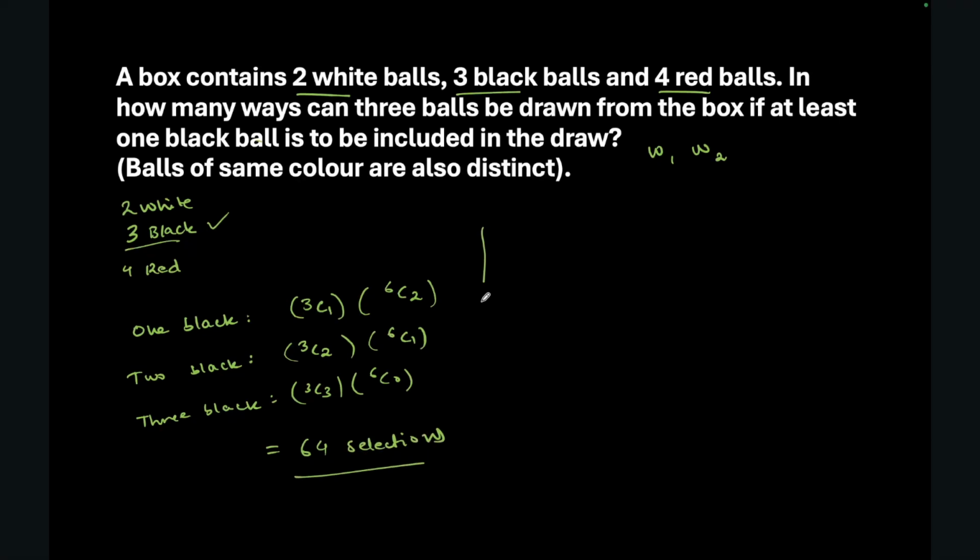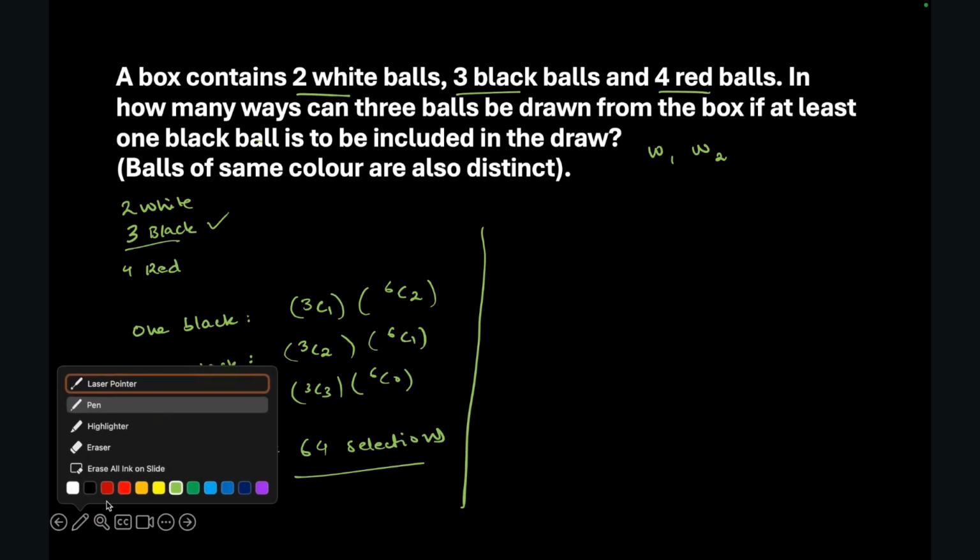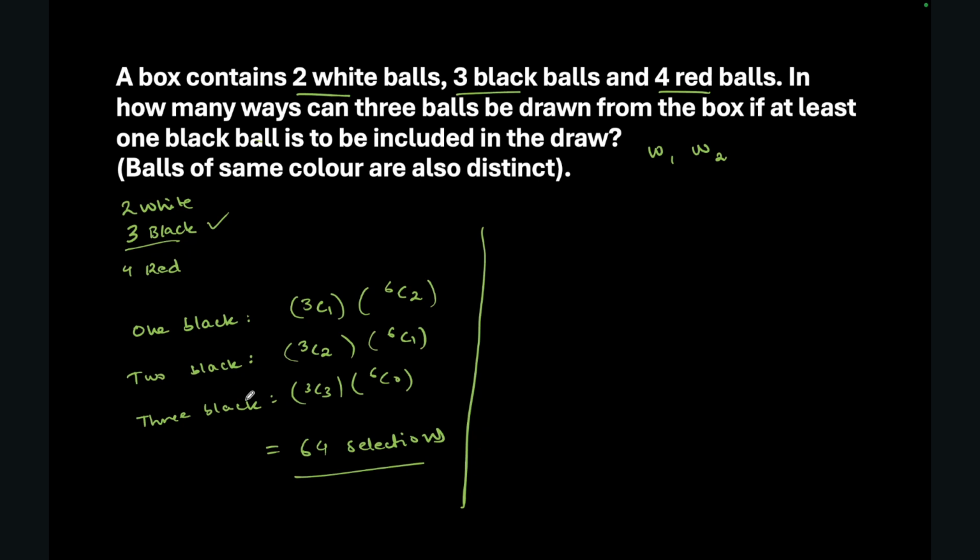Okay, so this was one method you could use. There's another method for such questions, and that is taking the extreme case. What we do is we take the total and subtract the cases where no black ball is selected. If the total possible cases without any restrictions are 9C3, and if no black ball is selected, it's just 6C3.